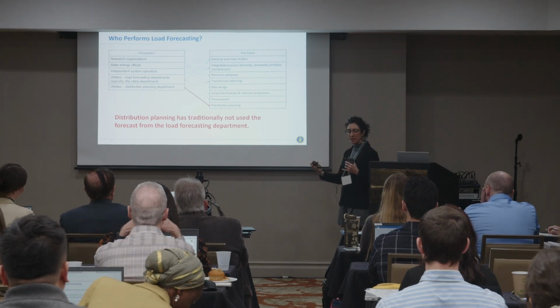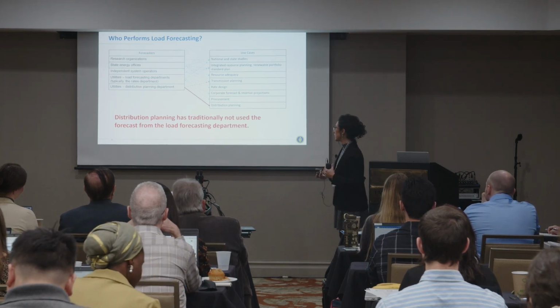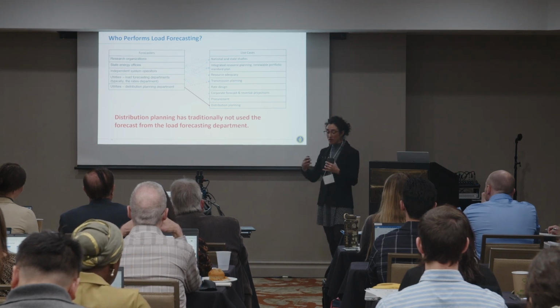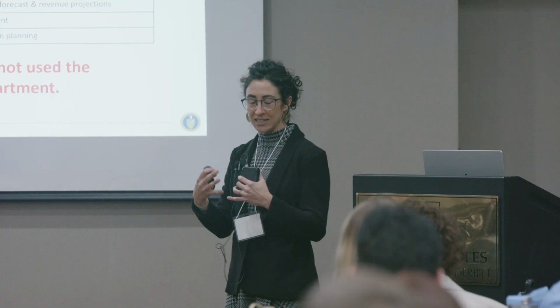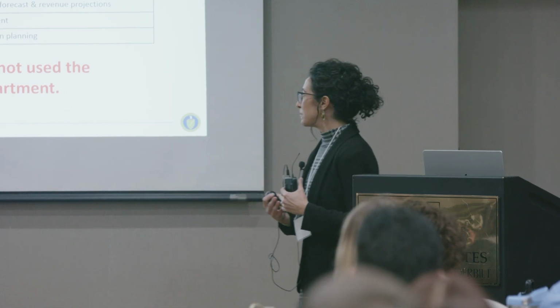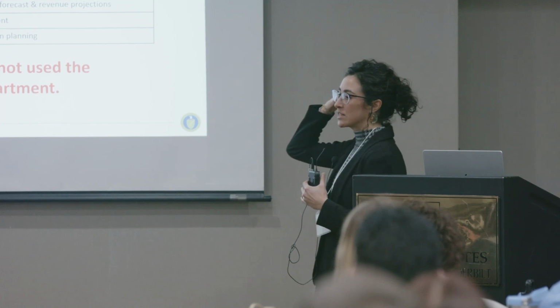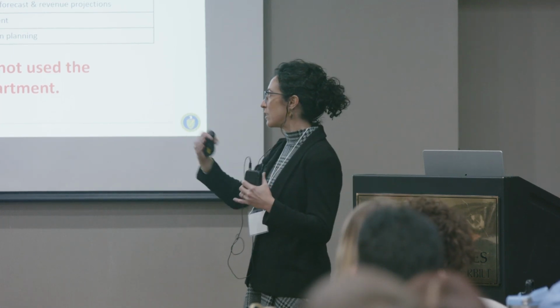What assumptions are being used where and why? And a lot of them are now trying to connect within their own organizations to share assumptions that might be useful for both.